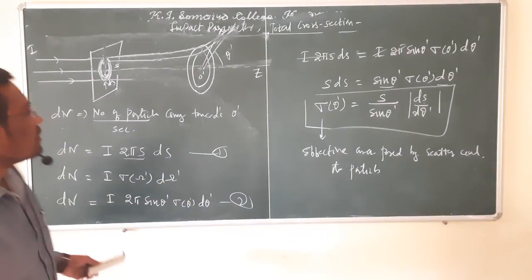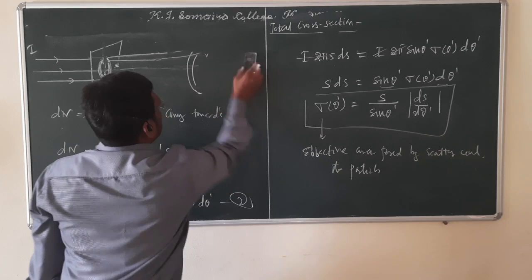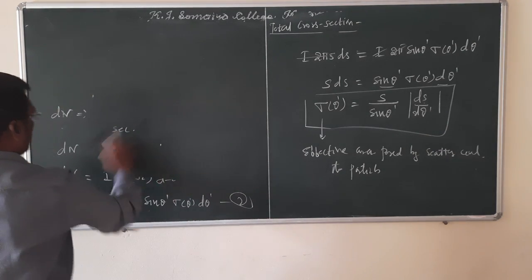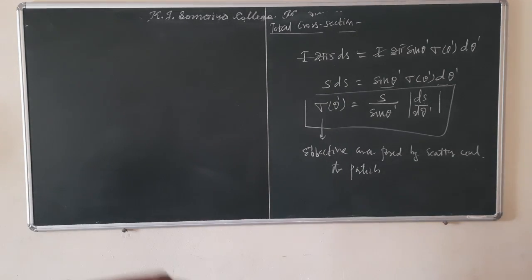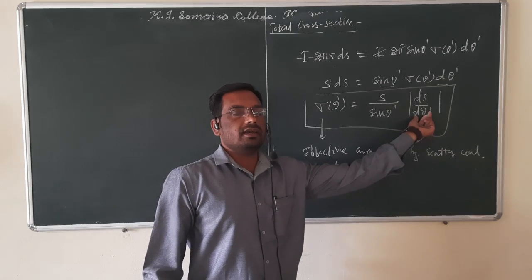Now, total cross section. As I told you, the differential cross section is for only a particular angle d theta dash.